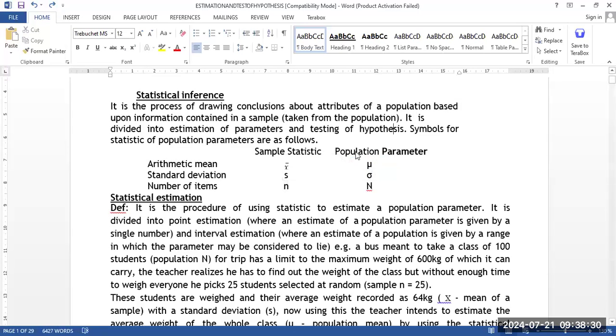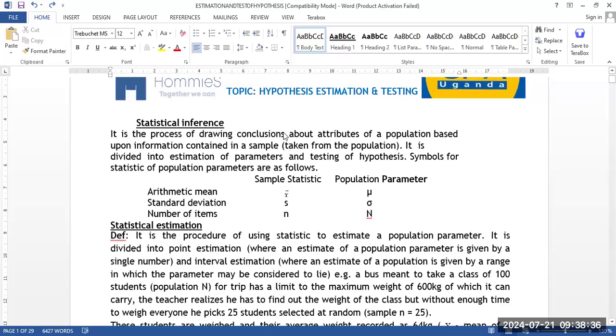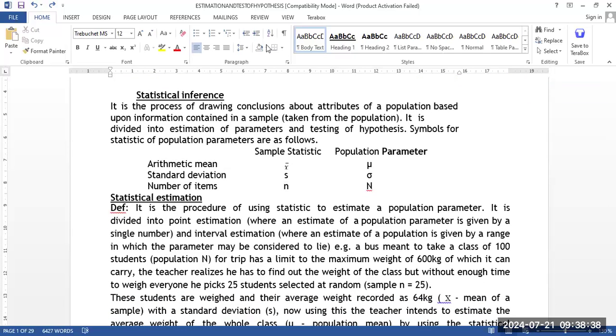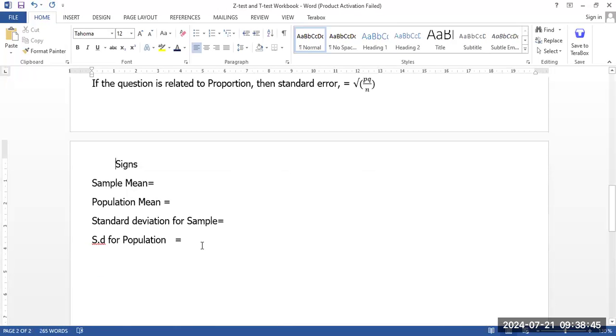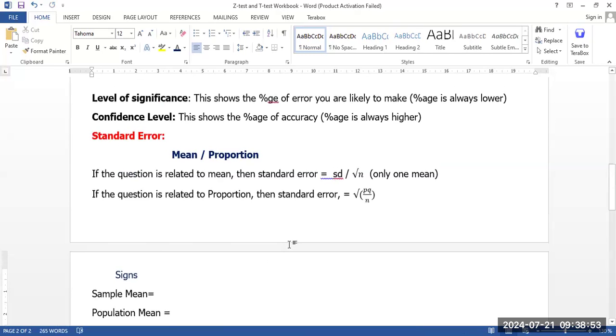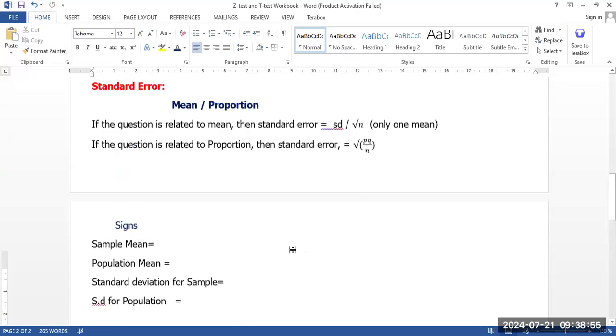Then if it comes to population, we use what? Capital N. So don't forget that. I'm done with this.